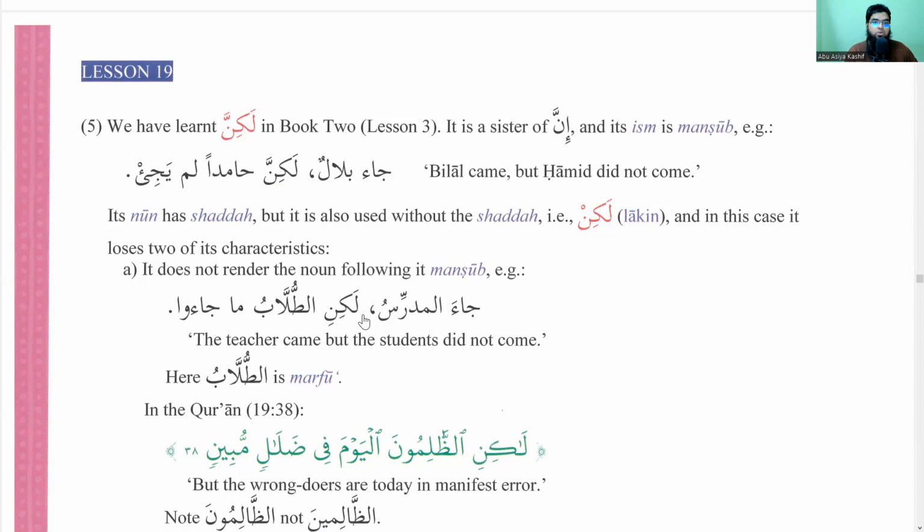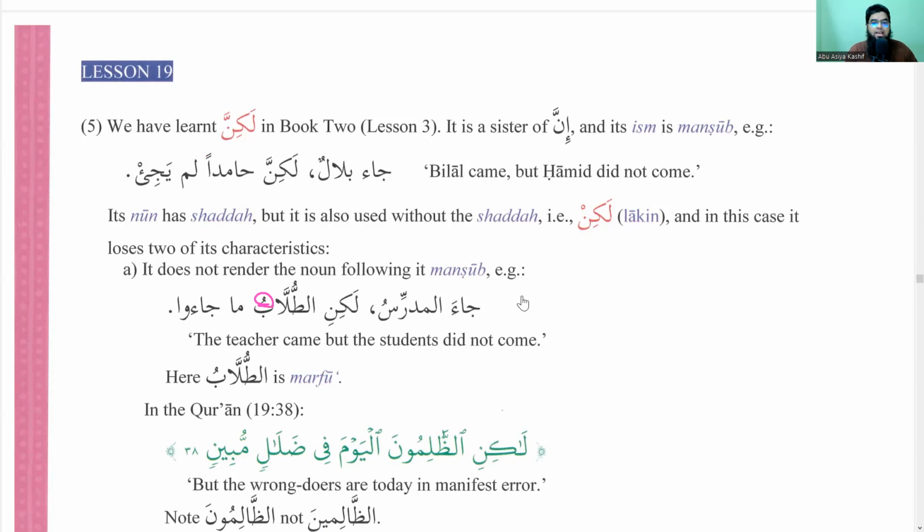Lakin is used a lot from what I observed. Ja'al mudarrisu lakin it-tullabu ma ja'u. See? Lakin it-tullabu. Don't make it mansub. It doesn't do anything. The teacher came, but the students did not come. The meaning is the same. But here tullab is marfu.